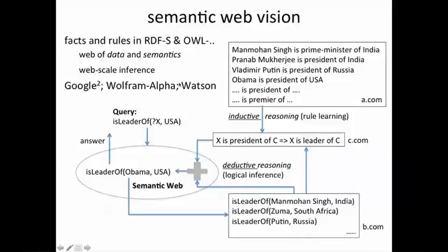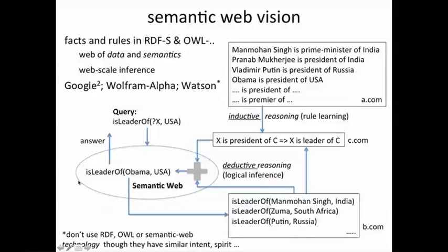These are efforts which don't necessarily use techniques like OWL and semantic web technologies, though they have a similar intent and spirit, which is essentially to learn facts from the web and be able to reason about those facts in a web intelligence system, as opposed to merely searching for web pages.